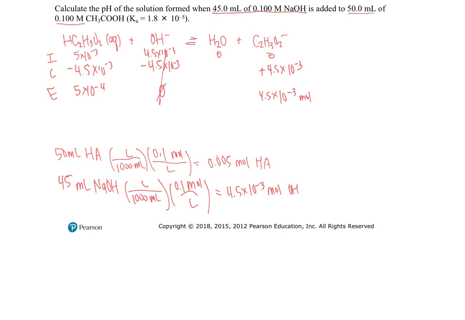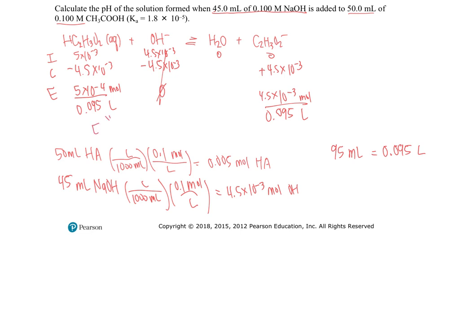Okay, so now I can divide this by the total volume. So I have 45 milliliters plus 50 milliliters added together. So currently I have 95 milliliters, which is the same thing as 0.095 liters. So I'm going to divide both sides by 0.095 liters, so that's moles over liters, and find my concentration.